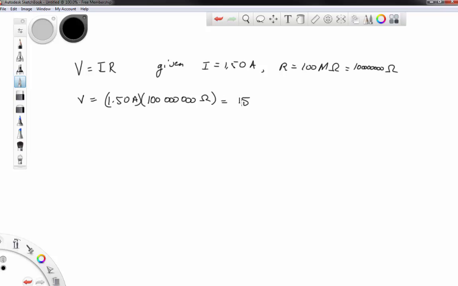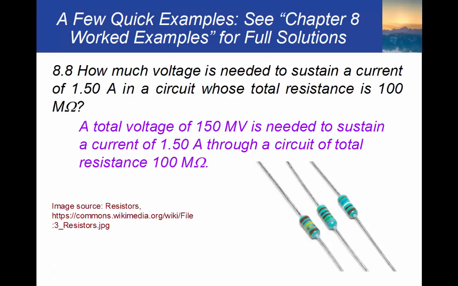So that is going to give us 150 million volts. Or if you'd rather, 1.5 times 10 to the 8 volts. This is the same as saying 150 megavolts is needed to sustain a current of 1.5 amps through a resistance of 100 mega ohms.